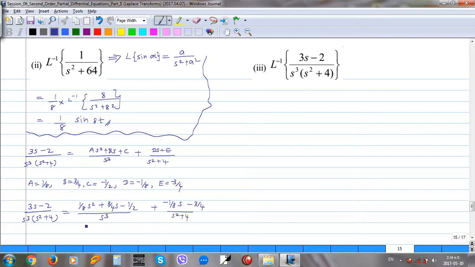Then I can multiply this whole equation by 8. Then what is coming there? Oh, I can take separately, no?